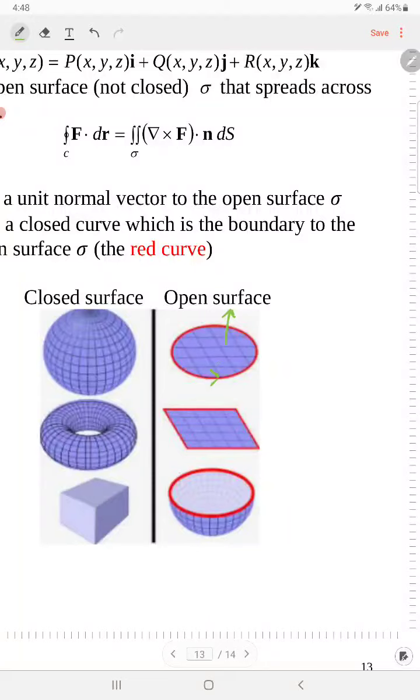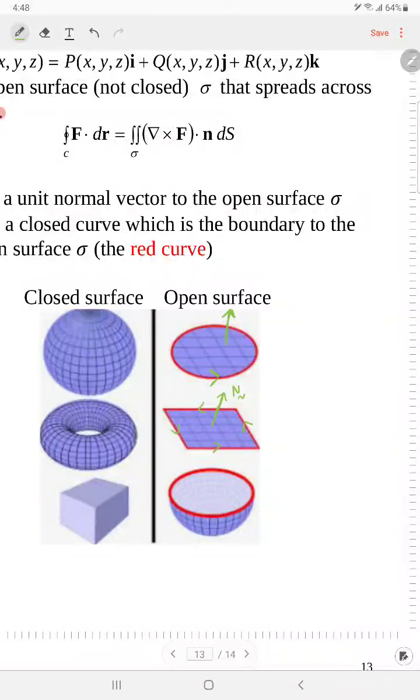Then using your right hand rule, the orientation of the closed curve here would be anti-clockwise. Now if you look at the second open surface, this plane, if your normal vector is pointing upwards, then again using the right hand rule, the orientation of the closed curve would be anti-clockwise as well.